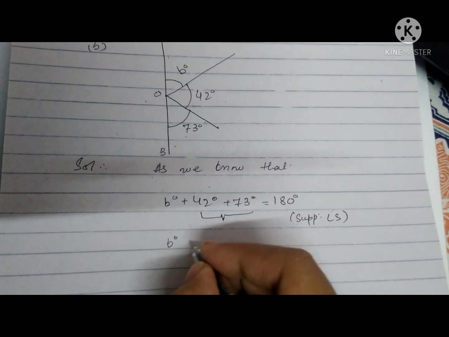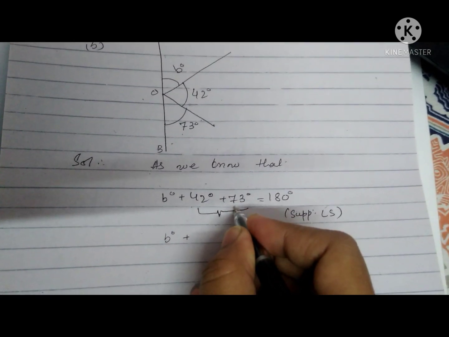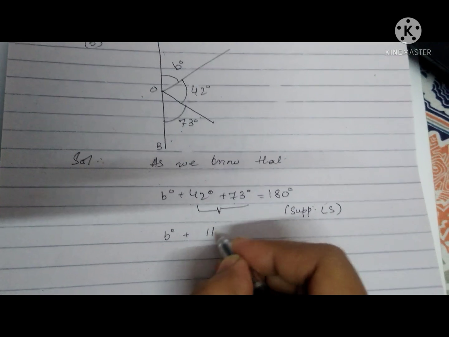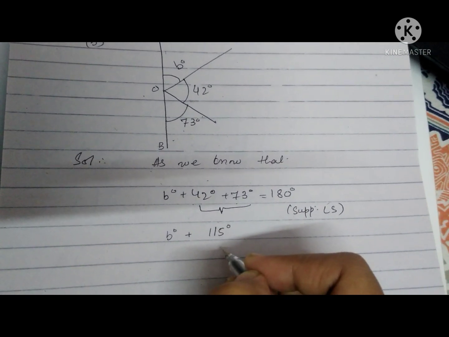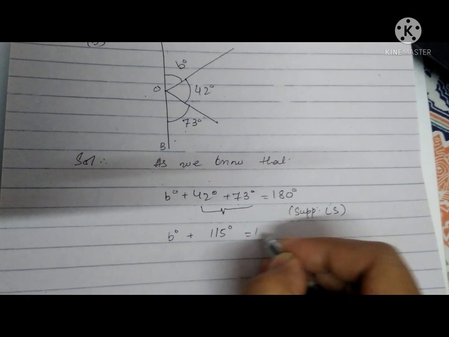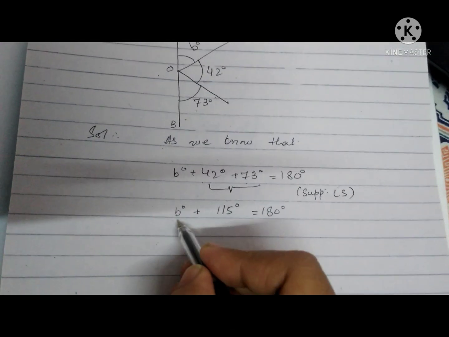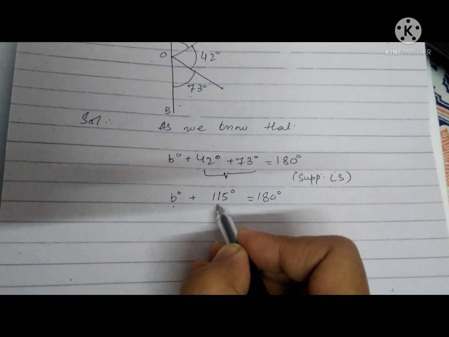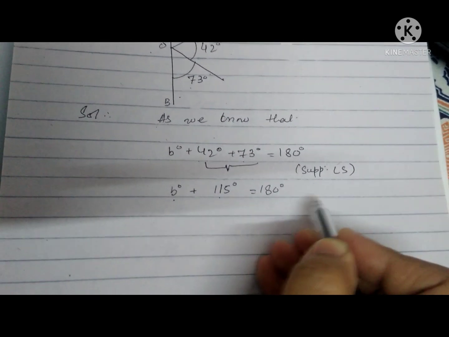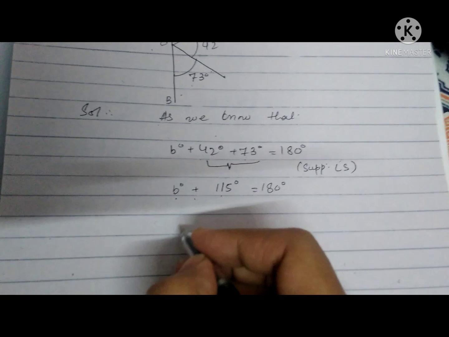So it will be B degrees plus 42 and 73 degrees. They will be added together to make 115 degrees equal to 180 degrees. So we are finding the value of B, so we have to shift this 115 degrees to the other side. It has a positive sign.